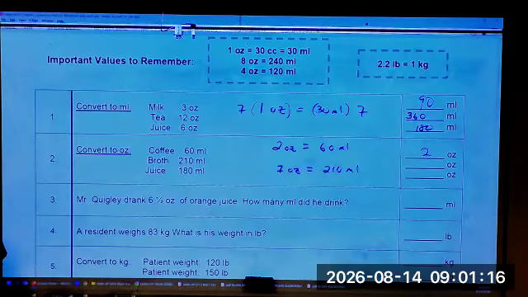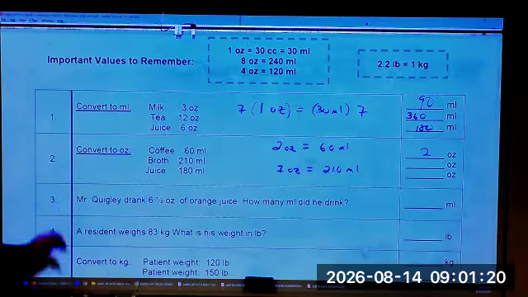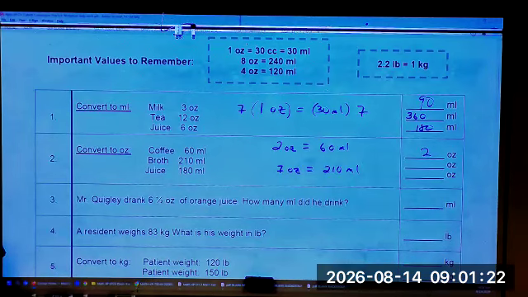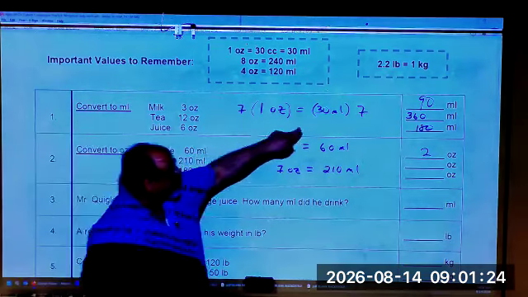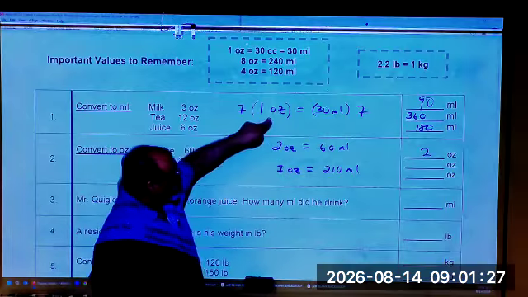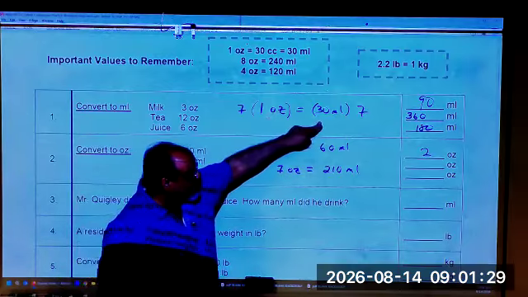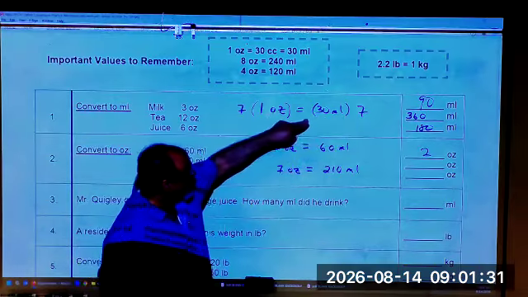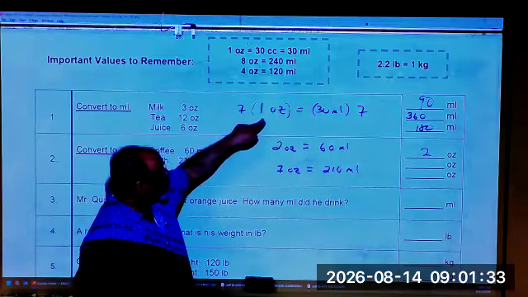What times 30 will give me 210? What do I have? I have 210. What do I want? I want ounces. So what would I have to do? I'd have to multiply this conversion rate by 7 to get the 210. I'm going to multiply this by 7.